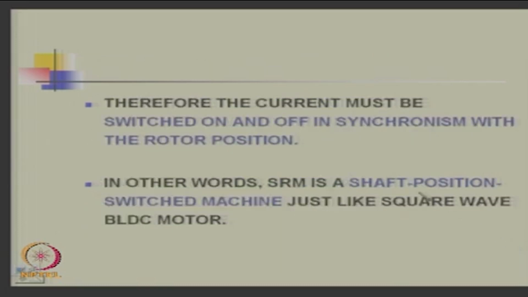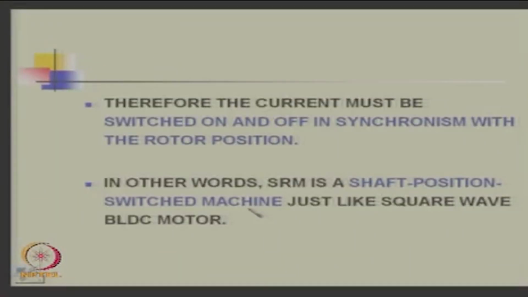So current must be switched on and off in synchronism with the rotor position. You must switch on at the right position when the inductance is just about to rise, and switch off when inductance is just about to fall. Therefore SRM is a shaft position switched machine, so it should be switched based on the position of the rotor, okay.